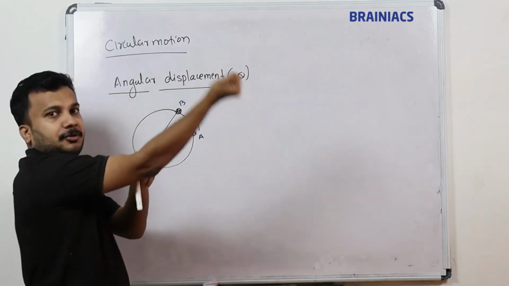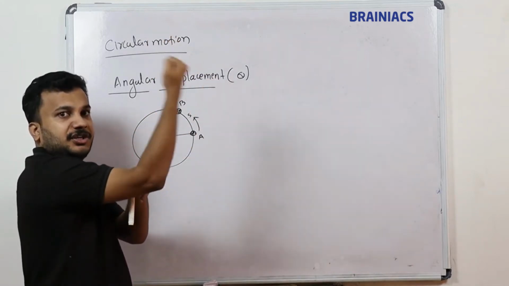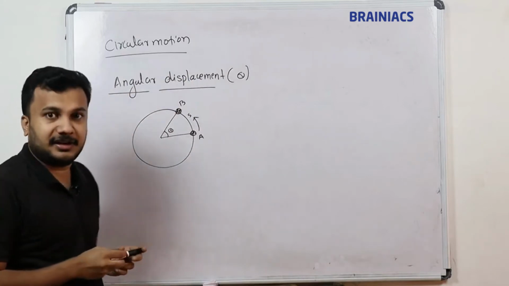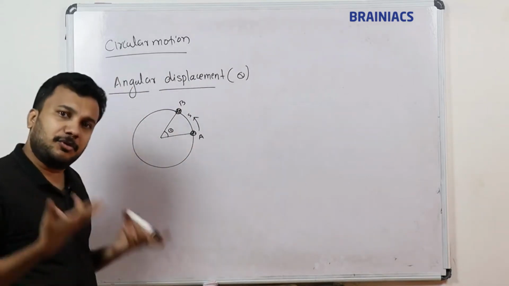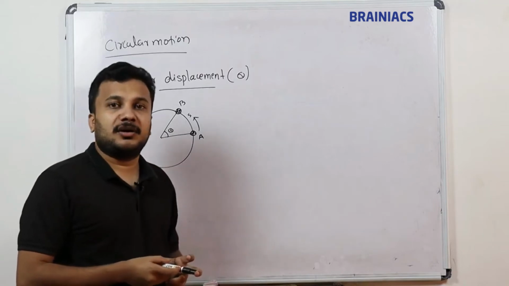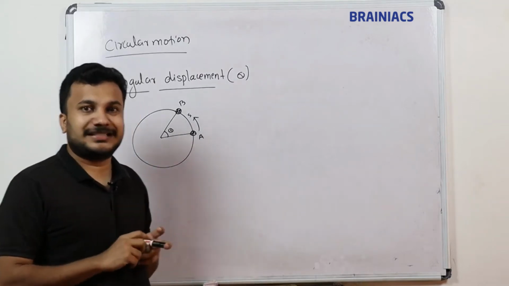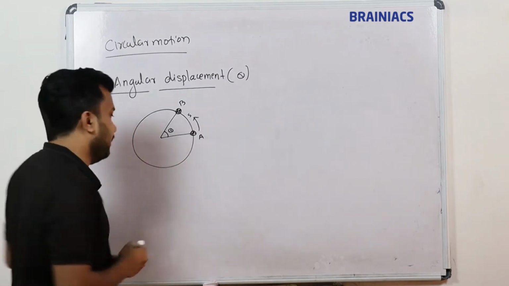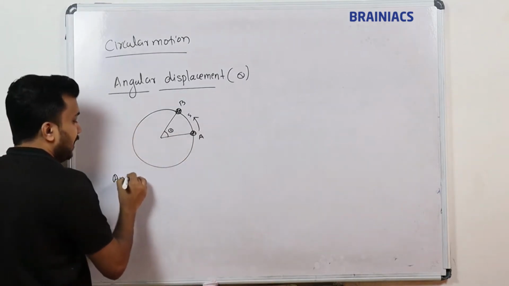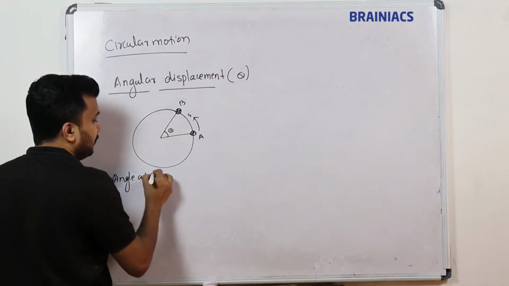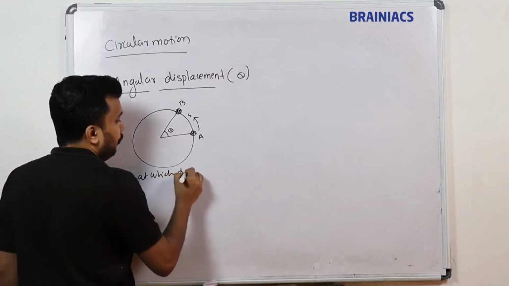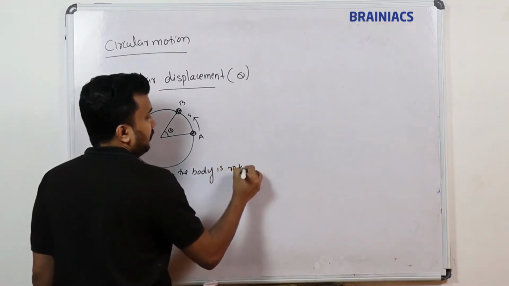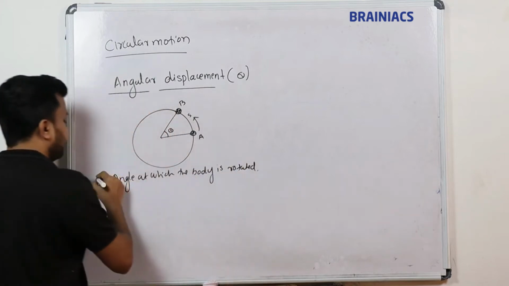How much degree it is turned, that amount of angle is called angular displacement, also known as theta. So the angle at which the body is rotated is, in a very short way, called angular displacement.